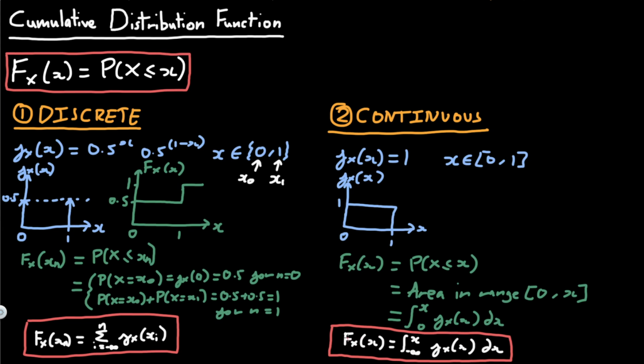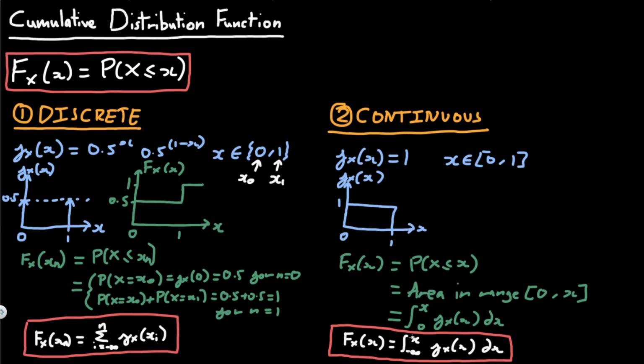The probability that the value of a random variable x is less than some value we define, which in this case is small letter x, is the integral from negative infinity, so all the possibilities from negative infinity up to x, and the probability of those possibilities.